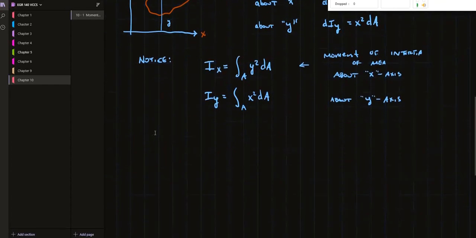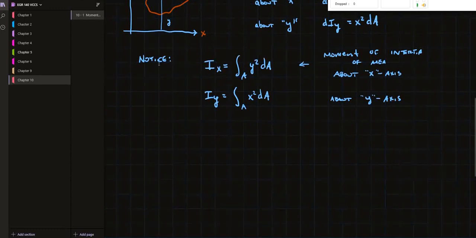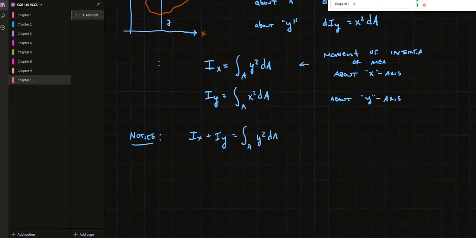Now notice that Ix plus Iy equals the integral over A of y squared dA plus the integral of x squared dA, which will equal the integral over A of y squared plus x squared dA.